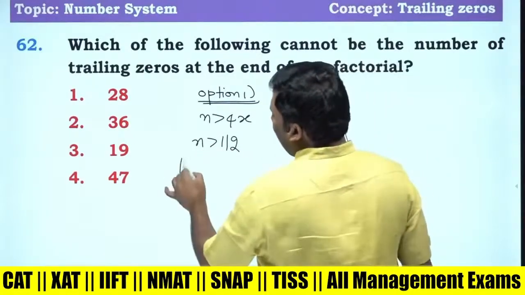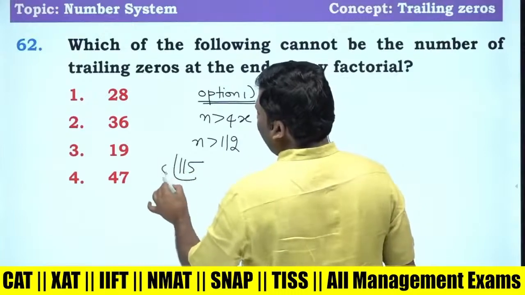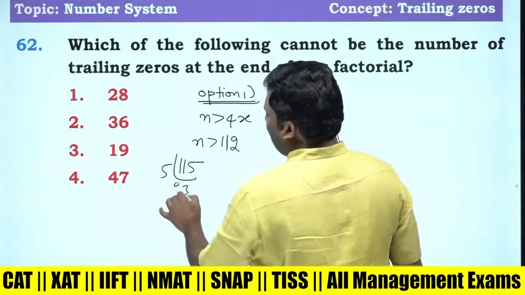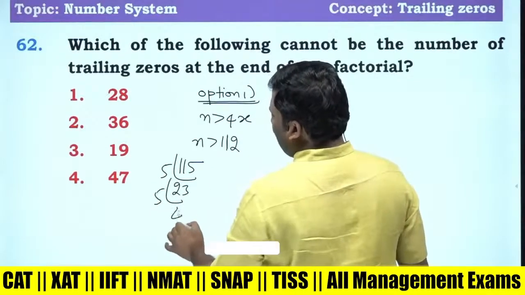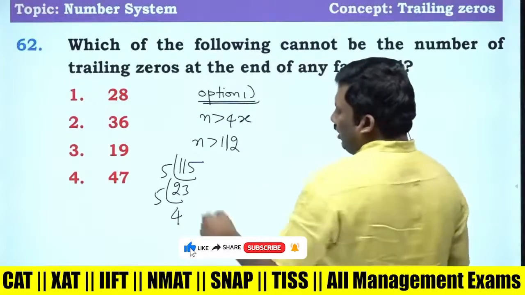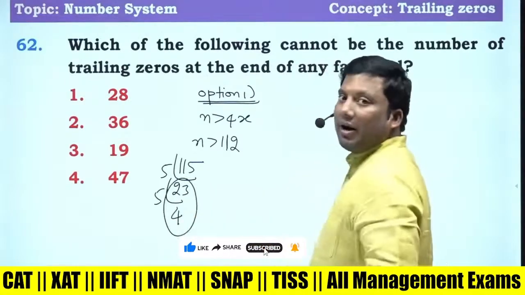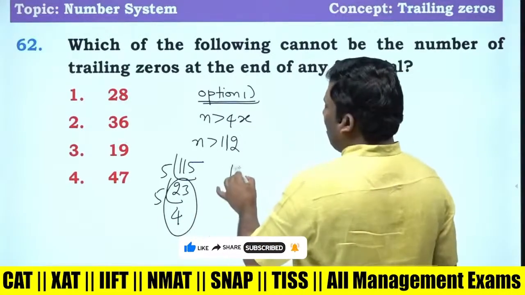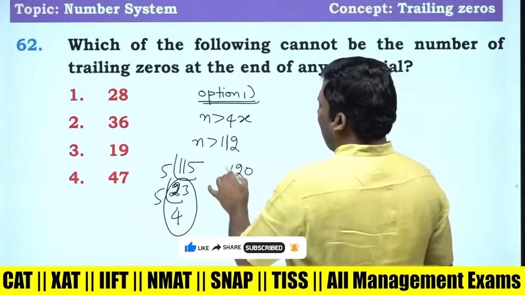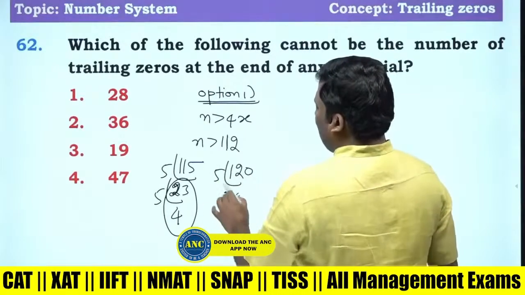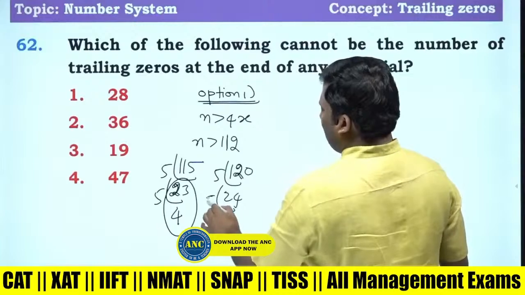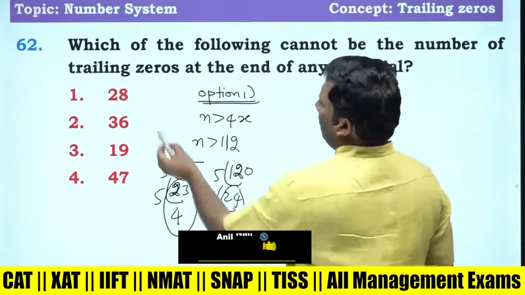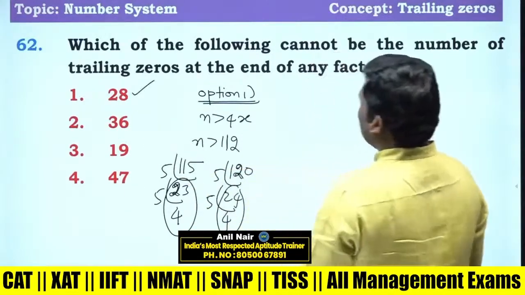What is the multiple of 5 greater than 112? 115. 5 23s are, and 5 4s are. 27 I am getting, but I want 28 zeros. Next is 120. 5 24s are, and 5 4s are. 28. It is possible. First one is possible.